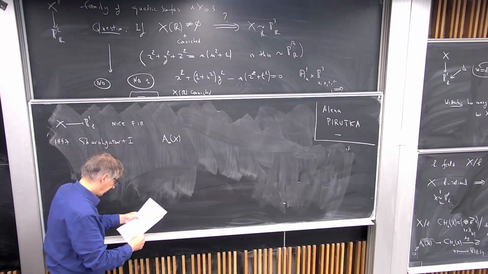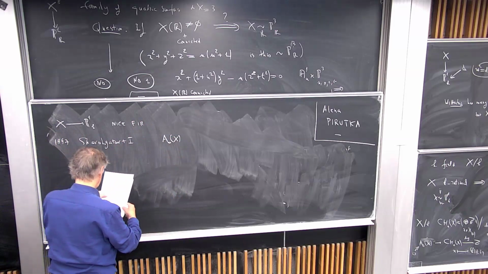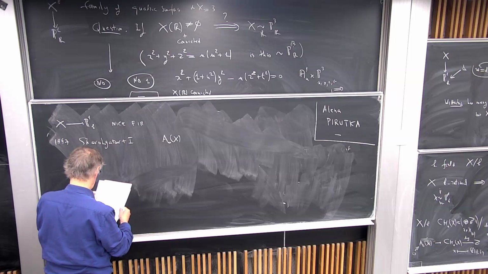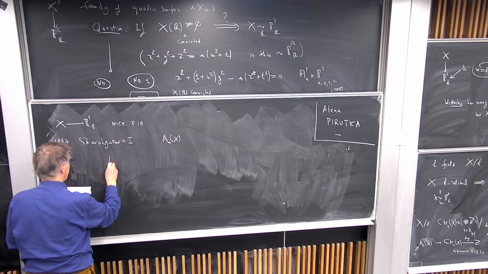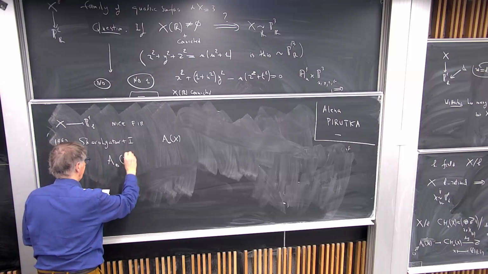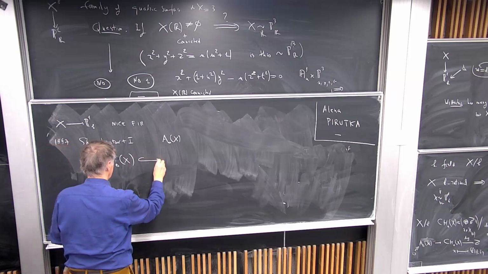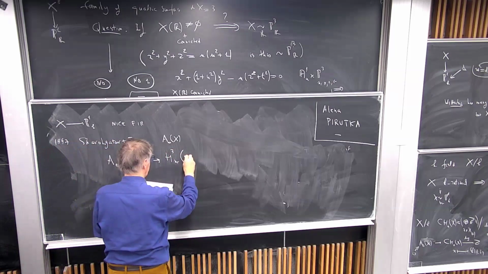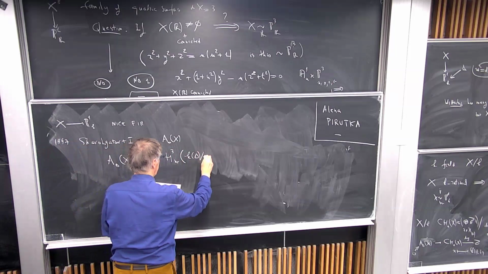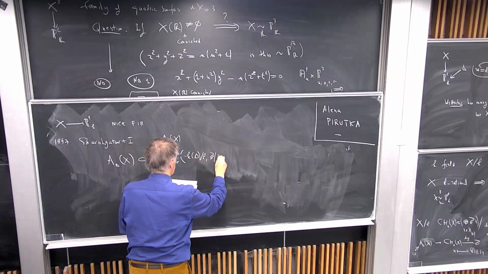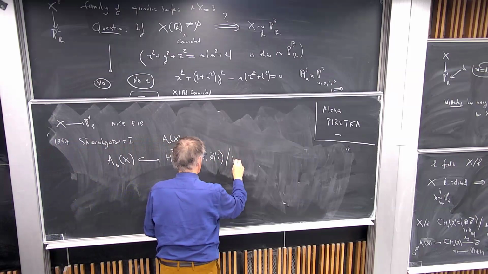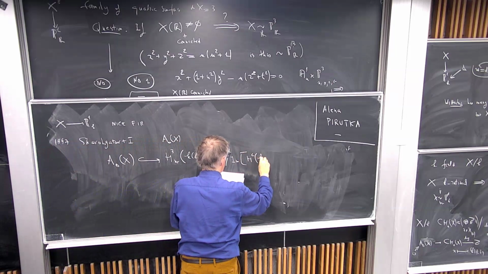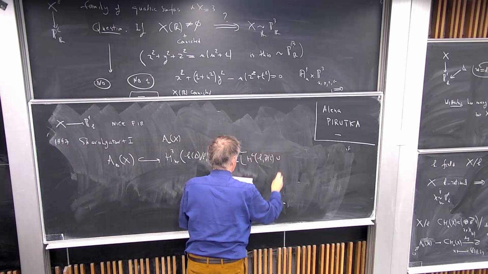So we proved that there's an injection from A0 of X into H3 unramified of the function field of delta, with coefficients Z/2, divided by the image of H1 of k with coefficients Z/2, cup the class of alpha.